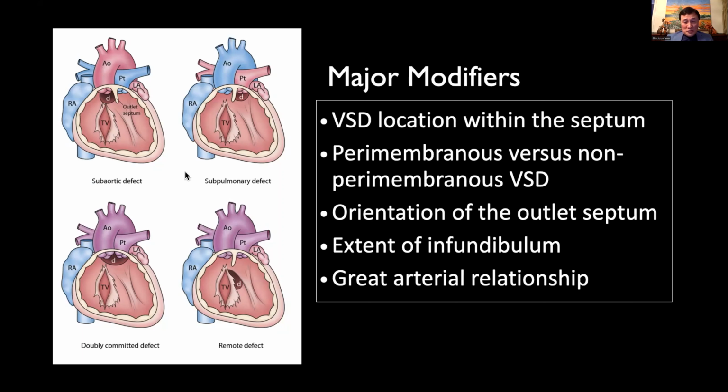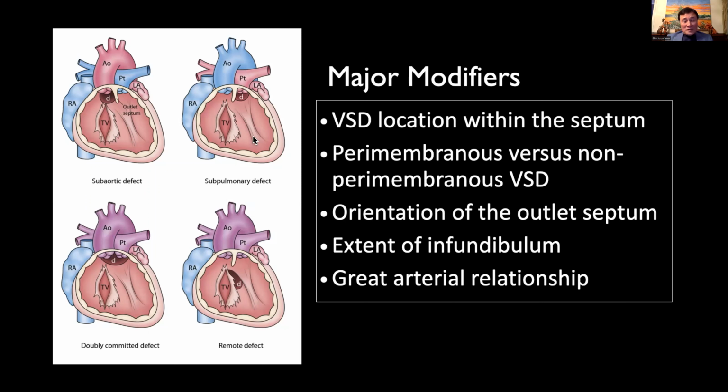So what you need to describe when you talk about a VSD, at least these 5 major issues to be clarified. One is the VSD location within the ventricular septum, whether involving the outlet part of the septum or the inlet part of the septum, or straddling the outlet and inlet, or the apical trabecular septum.